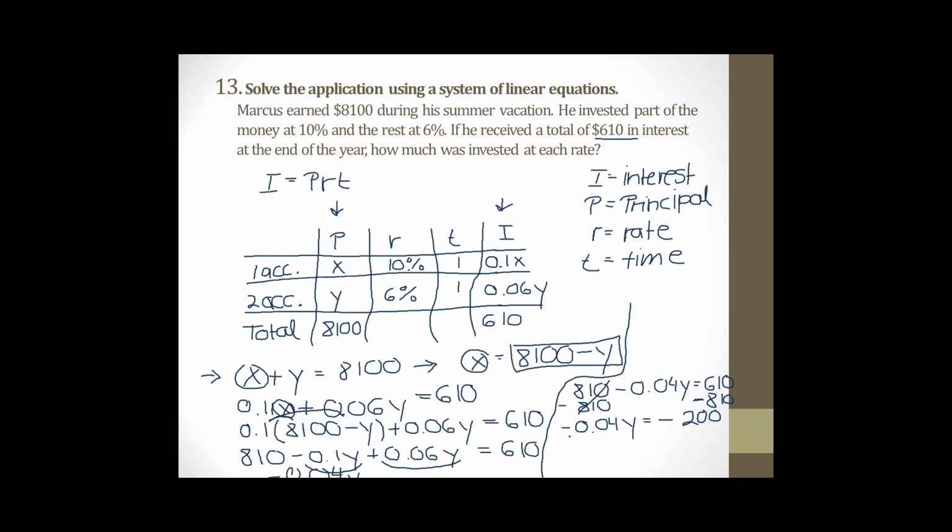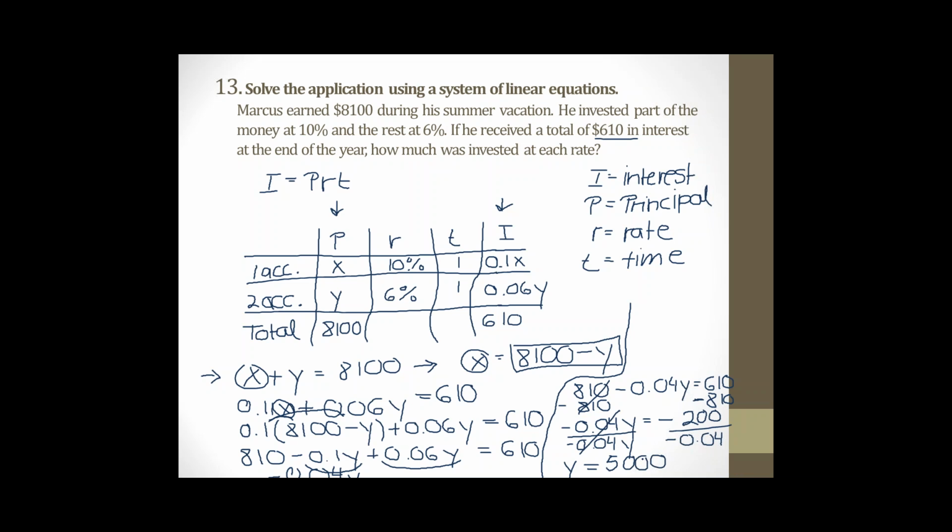All right, last step, dividing by negative 0.04 on both sides. So y is equal to 5,000. Okay, I found my y value.